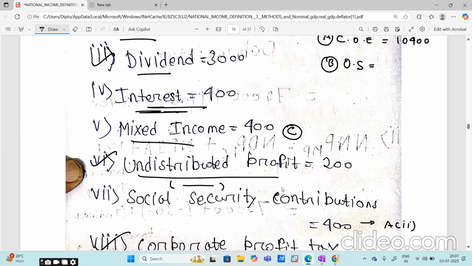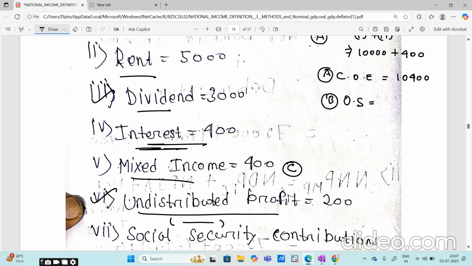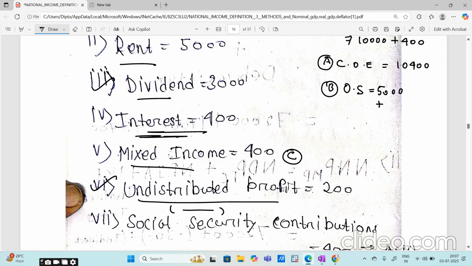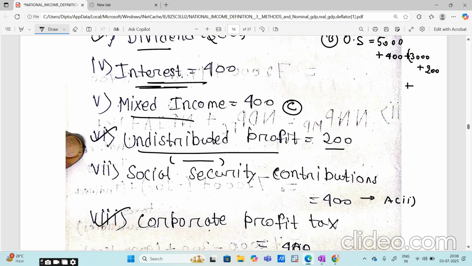Okay, so operating surplus, how to calculate it? You have to add rent, that is 5,000, plus interest, that is 400, plus profit. Profit has some parts: dividend, plus undistributed profit, that is 200, plus corporate tax, that is 400.